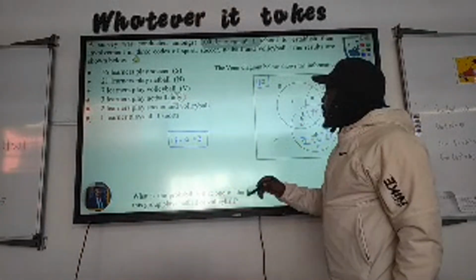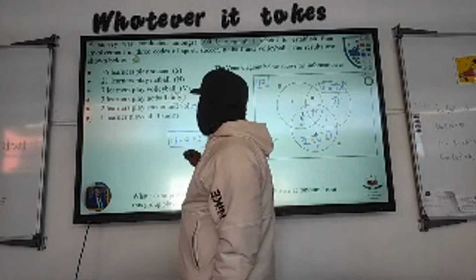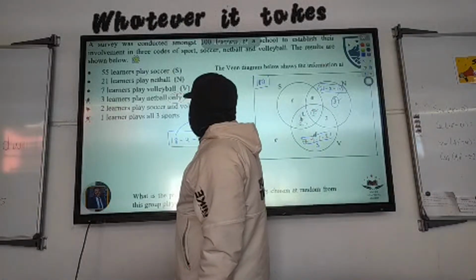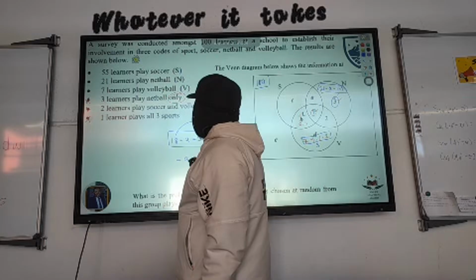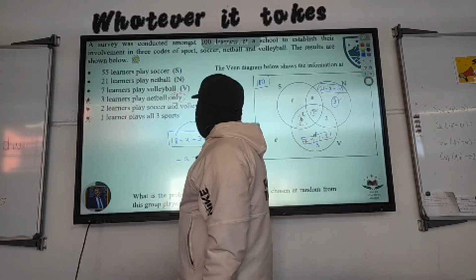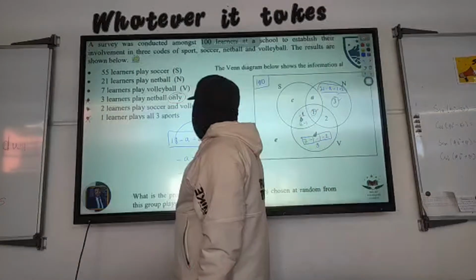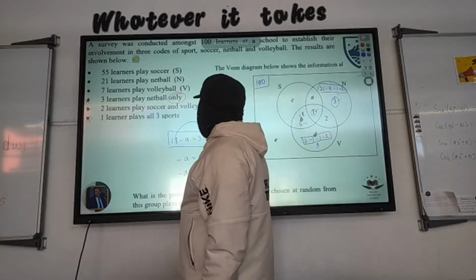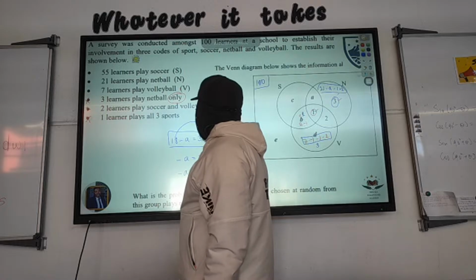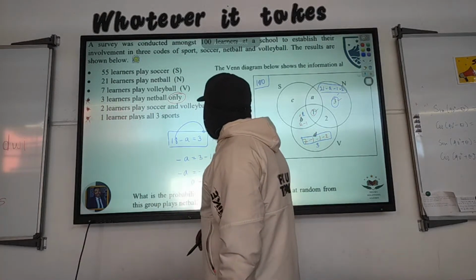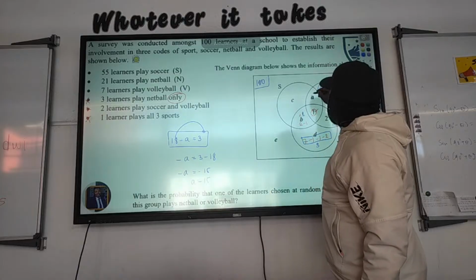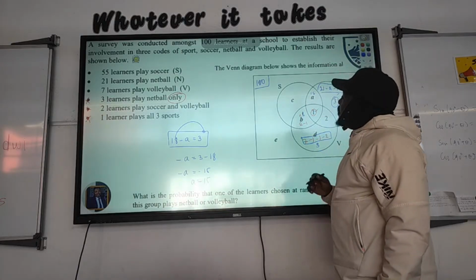So we transpose to the other side: negative A equals 3 minus 18, so negative A is negative 15, and A will just be 15.